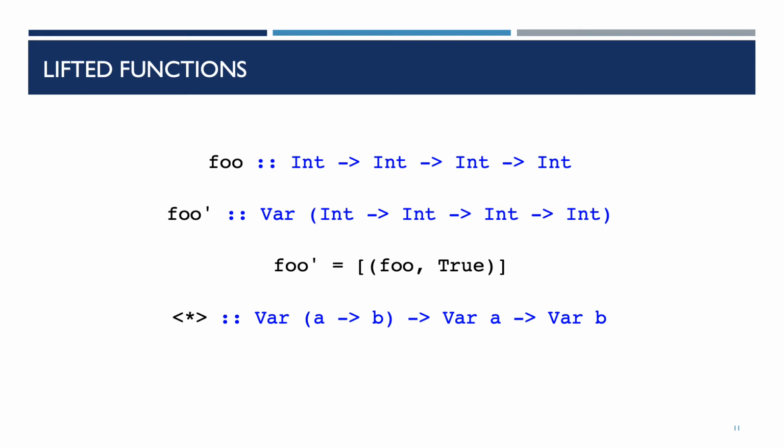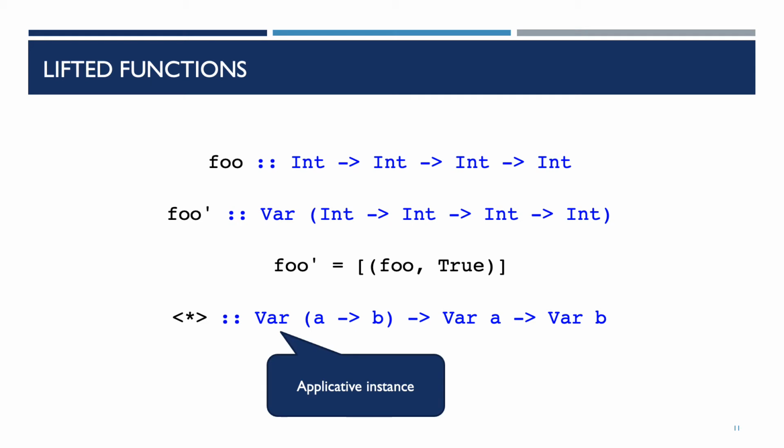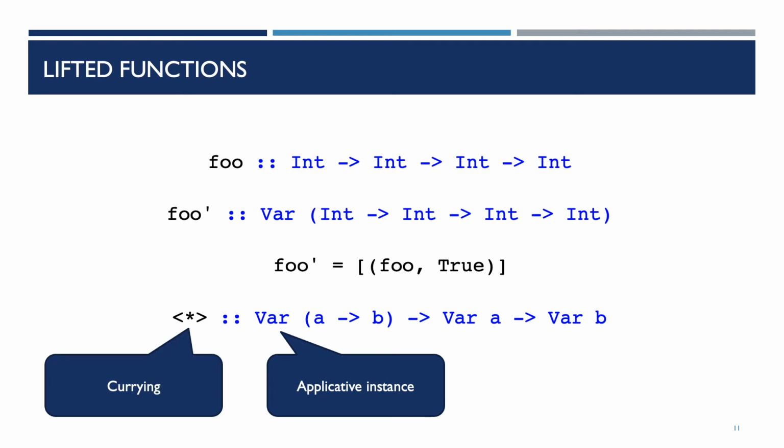If you're familiar with Haskell, you will recognize this type signature from the applicative type class. And actually var is an instance of the applicative type class. And we just use currying to apply lifted functions to multiple lifted arguments.